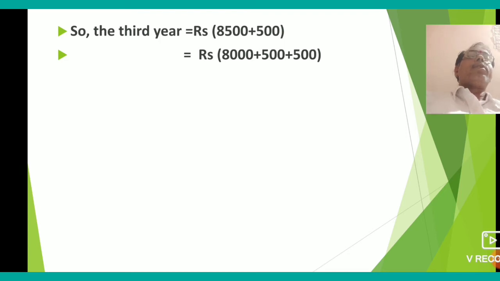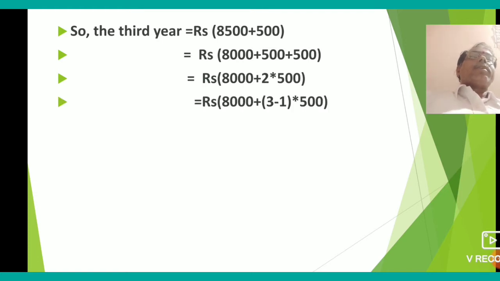That means we have two 500s. So 8,000 plus 2 into 500. Then 8,000 plus the 2 can be written as 3 minus 1 into 500. That means the 3rd year salary is simply the 8,000 first year salary plus 3 minus 1 into 500. Here we are going to find the 3rd year salary. Please observe the pattern, students. Now obviously we get 9,000.